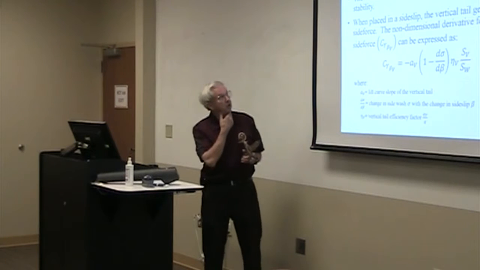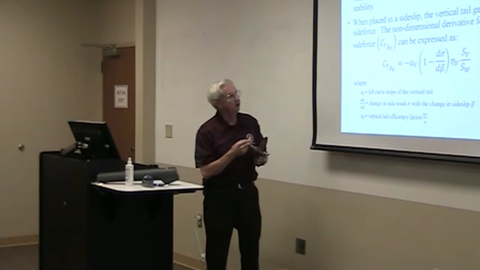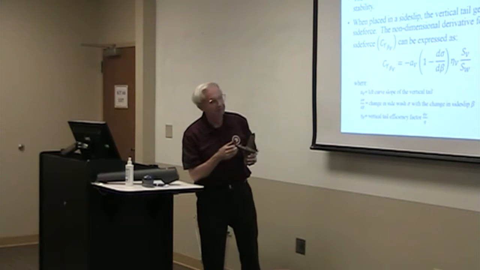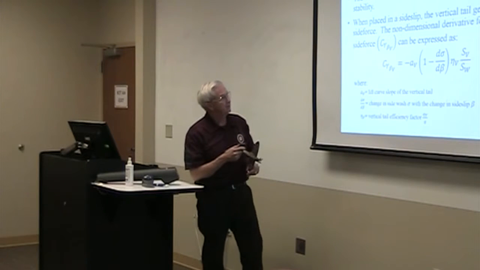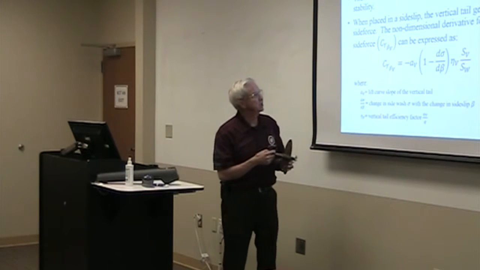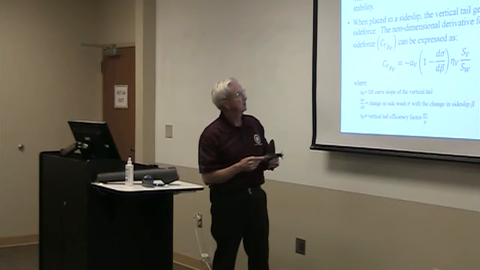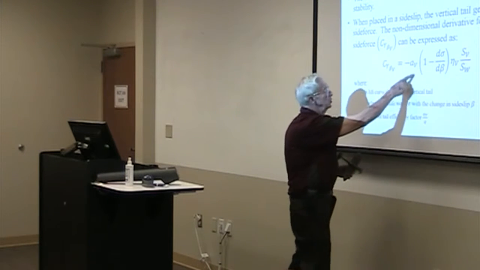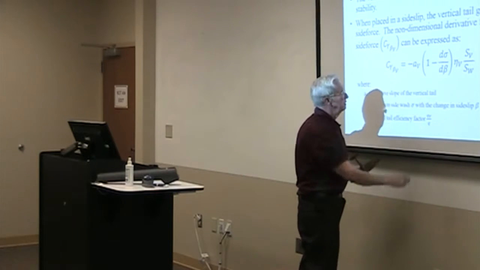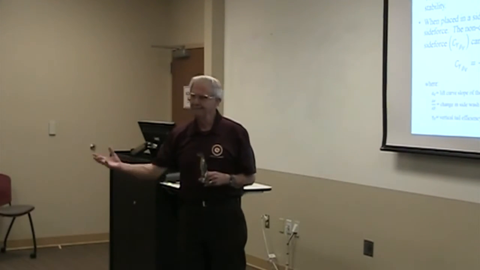Tail is a primary contributor, we've already said that, and when placed at a side slip, the vertical tail generates a side force, and that non-dimensional derivative is CY beta of the vertical tail, or the side force due to side slip of the vertical. So here it is. Notice that that's the lift curve slope of the vertical tail, okay?